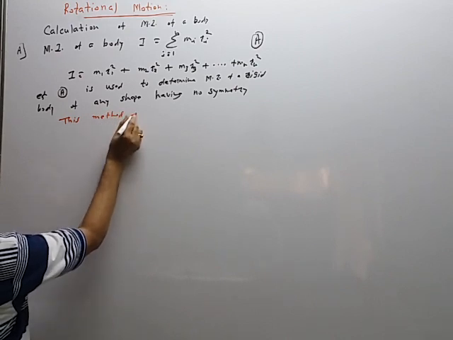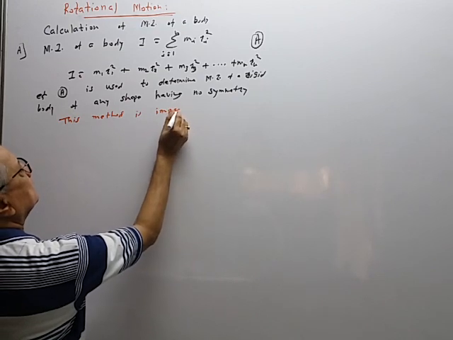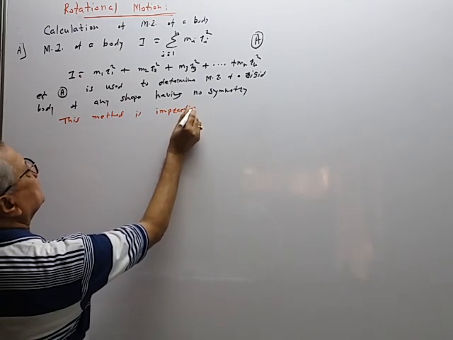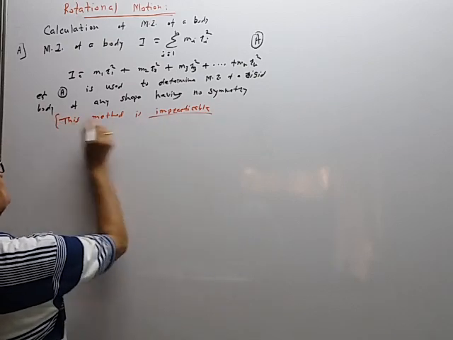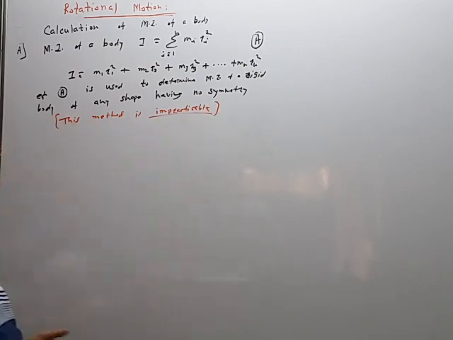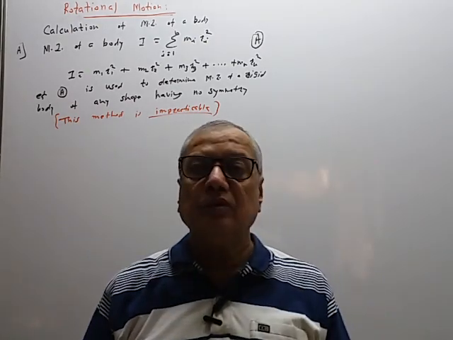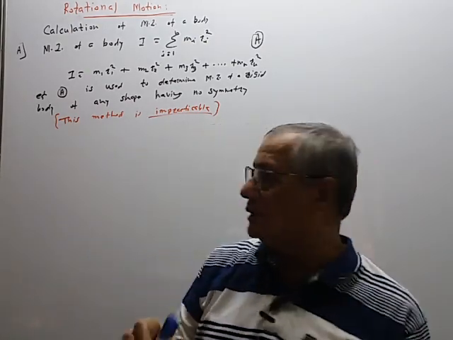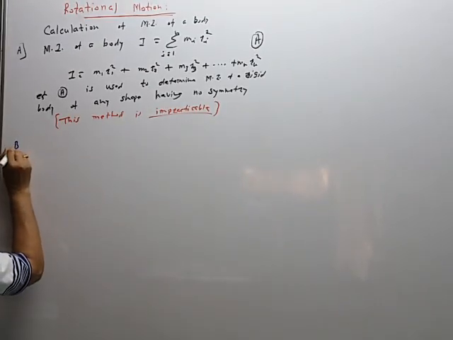This method is impracticable. And therefore, we have to use some other method. And in that we are using two methods.